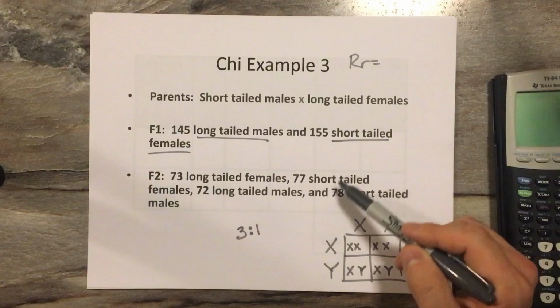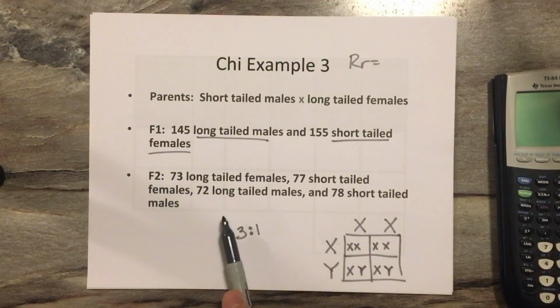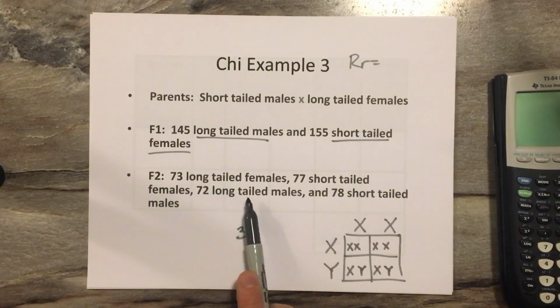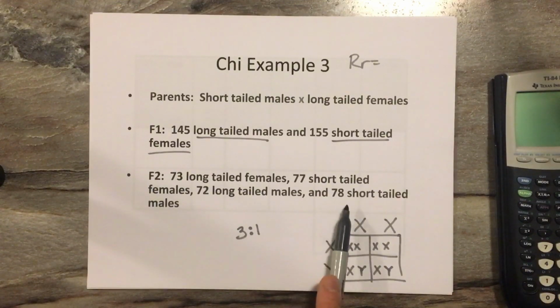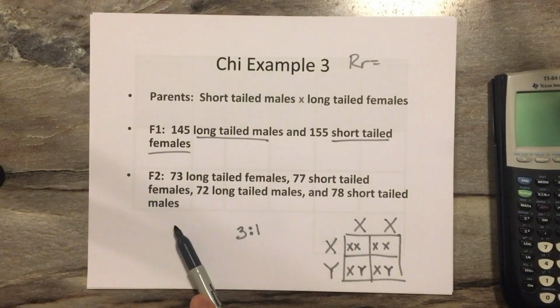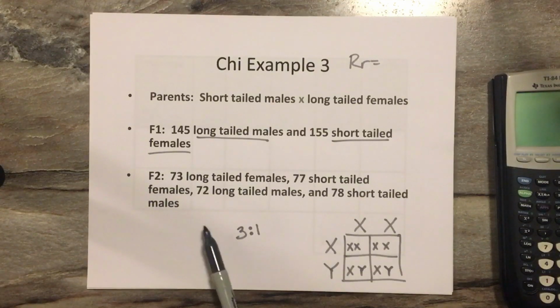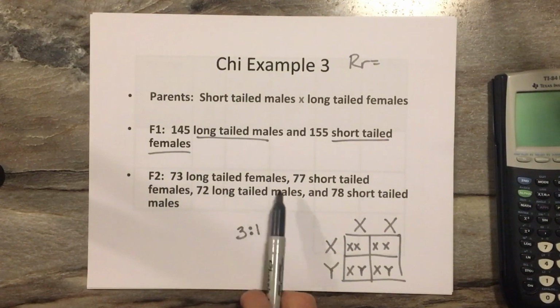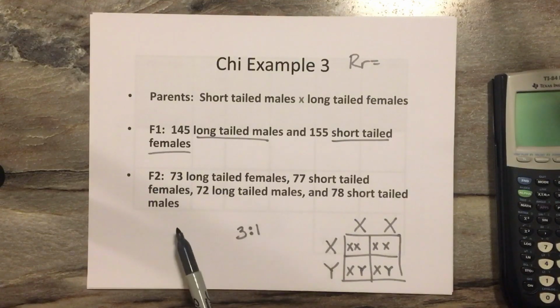And then if we look at the offspring, we see that there are 72 long-tailed males and 78 short-tailed males. So this would mean, since we have both of them, that the mom, because she's the one giving the boys an X allele, would have to be heterozygous, all right? But let's look at the females. We have pretty much an even distribution there as well.